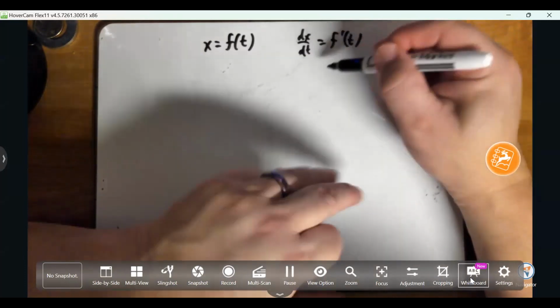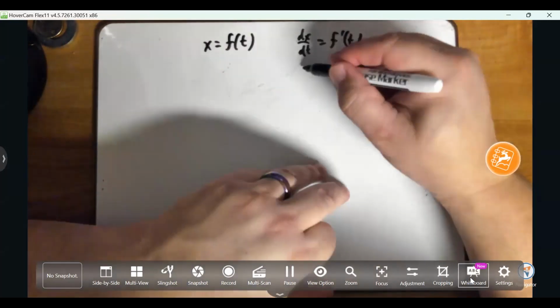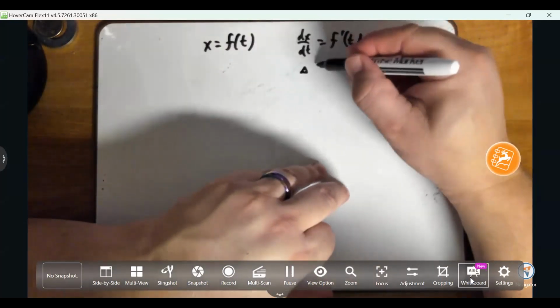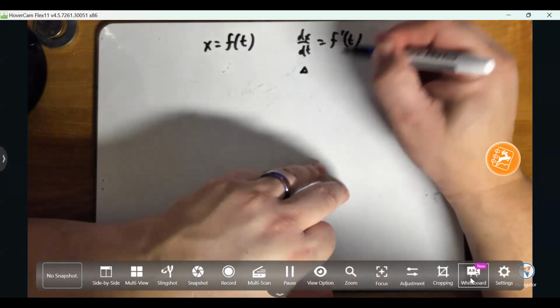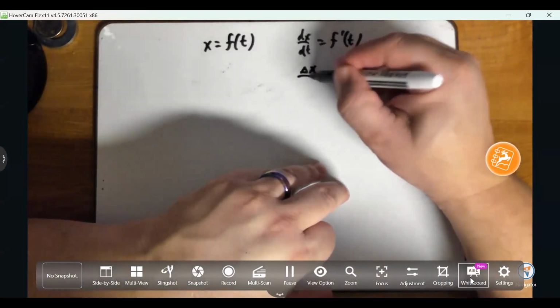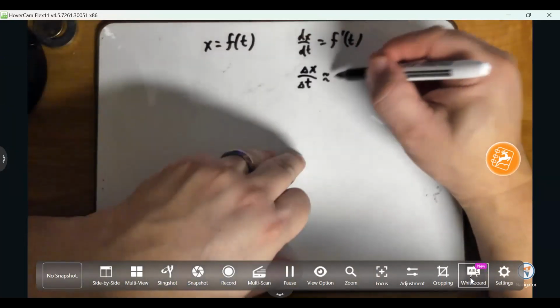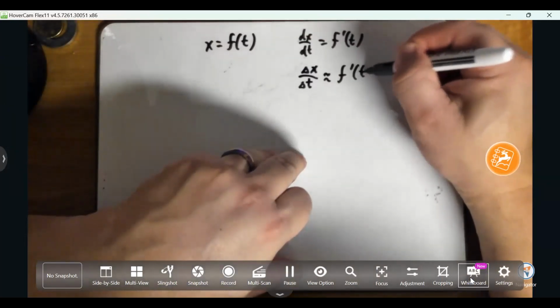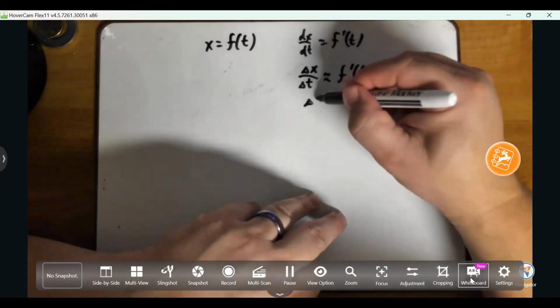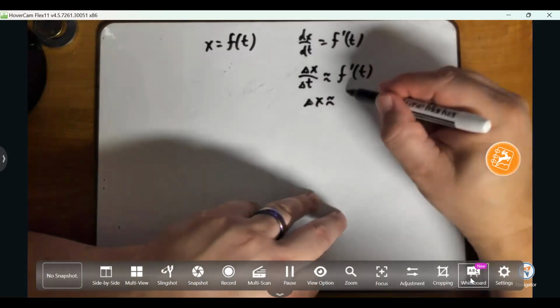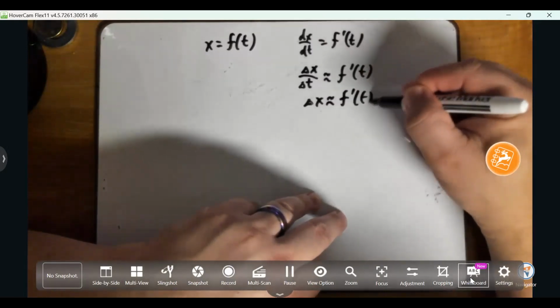But I can approximate that for small values by saying that is the instantaneous change with respect to t. The approximate delta x over delta t, for small values, is approximately f prime of t. And so that's another way to view where that linear approximation comes from.